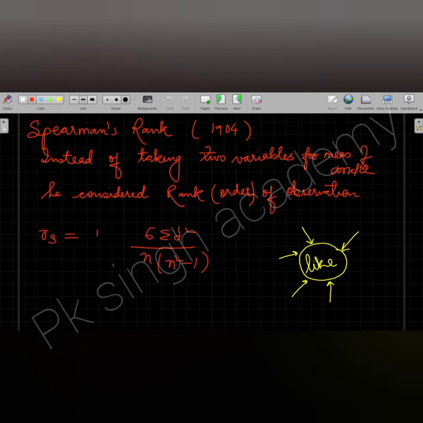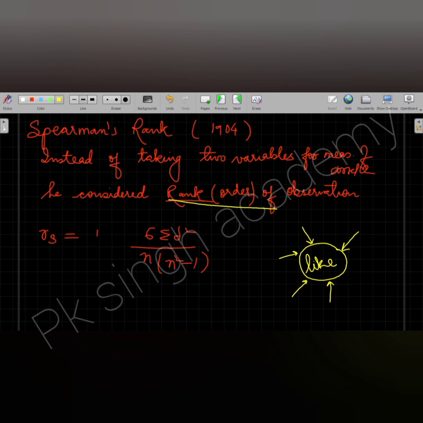Now we'll move to the next formula, the Spearman rank correlation, which was discovered by C. Spearman in 1904. Instead of taking the two variables themselves for measuring correlation, he considered the rank order.